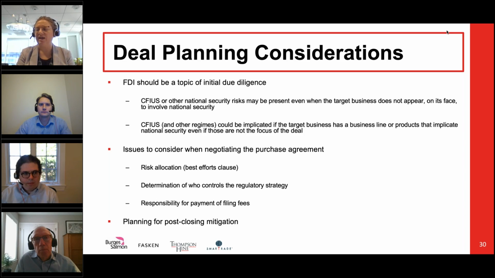And investment manager associations have even put out model language in the United States that gives the manager of funds the ability to restrict the rights of investors if CFIUS review appears to become an issue. Have you seen anything like that in the UK or Canada?